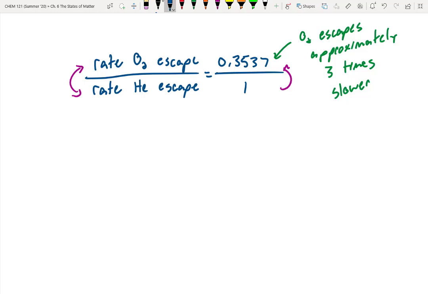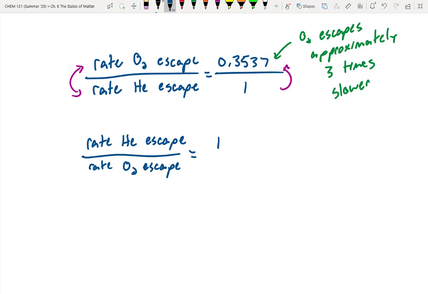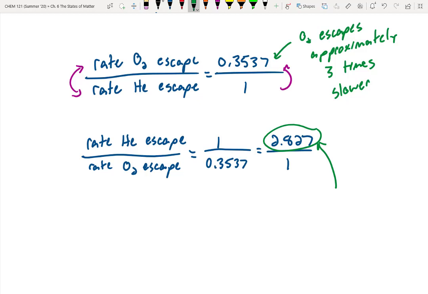So we could say the rate of helium escape over the rate of oxygen escape is going to be equal to 1 divided by 0.3537, which if you plug that into your calculator, you're going to get 2.827, and that's the same thing as writing it over 1, so it's another way of saying the exact same thing we said above, that helium escapes 2.827 times faster.